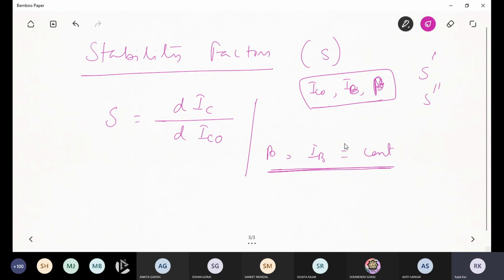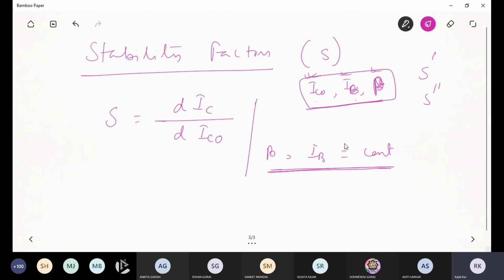Individually we will define the stability factor, and then in practice all three get varied, and the total change in collector current or VCE will be due to the individual changes in ICO, IB and beta.